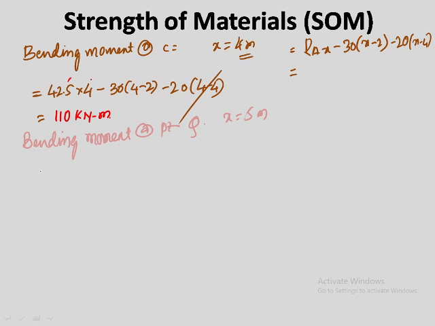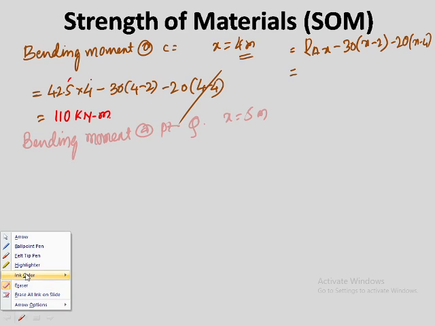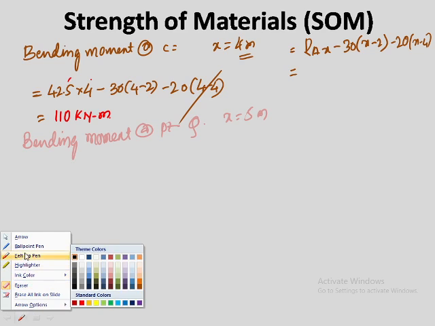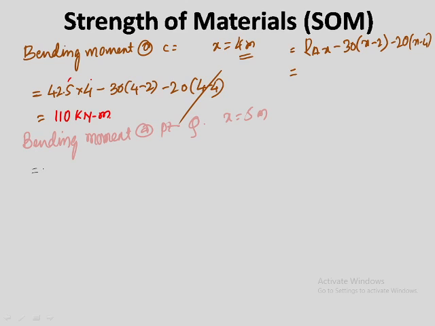Now what is the relation here? I'll write the first equation. If we get familiar with the equations, we can directly calculate, with no need of writing the equation again and again. RA into x minus 30 into x minus 2, minus 20 into x minus 4, minus 10 into x minus 4 into x minus 4 by 2.